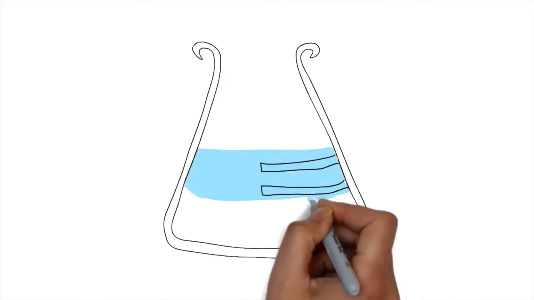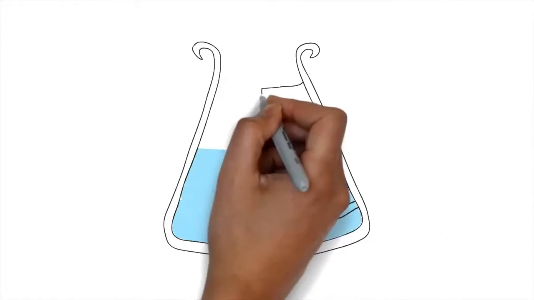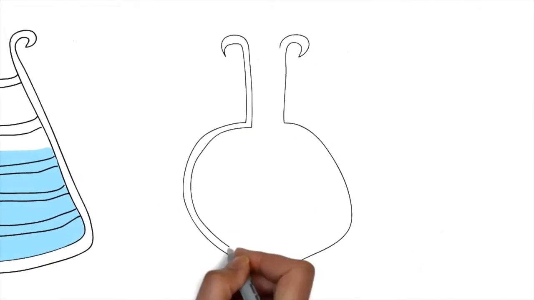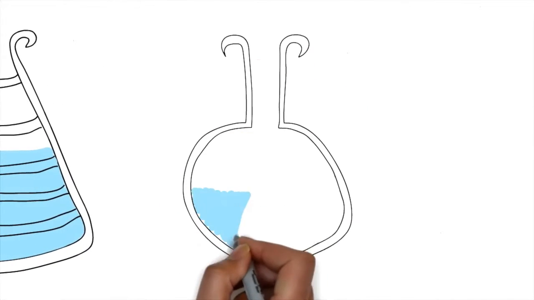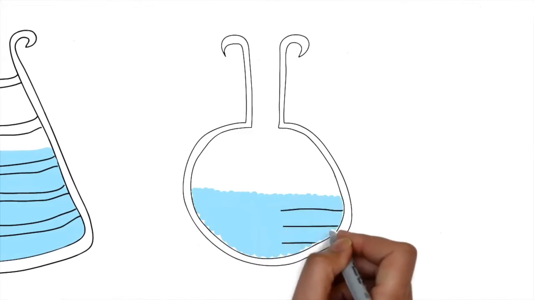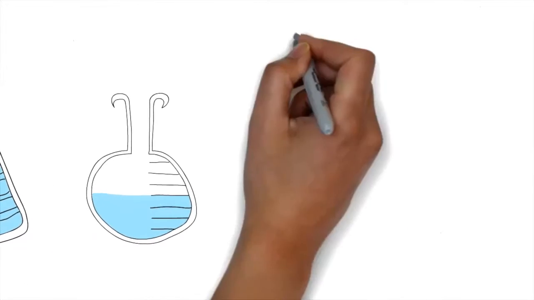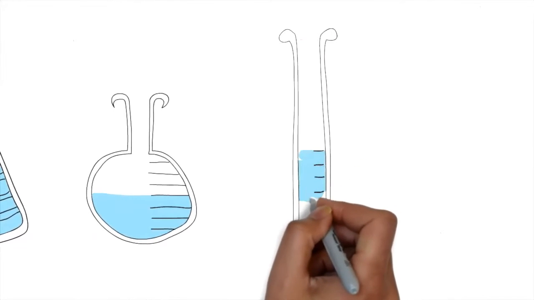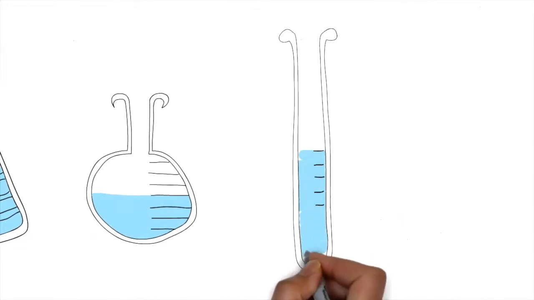How do we measure capacity? It's through these instruments like jars, tubes that have numbers and indications on them that tell us how much water or product is inside.